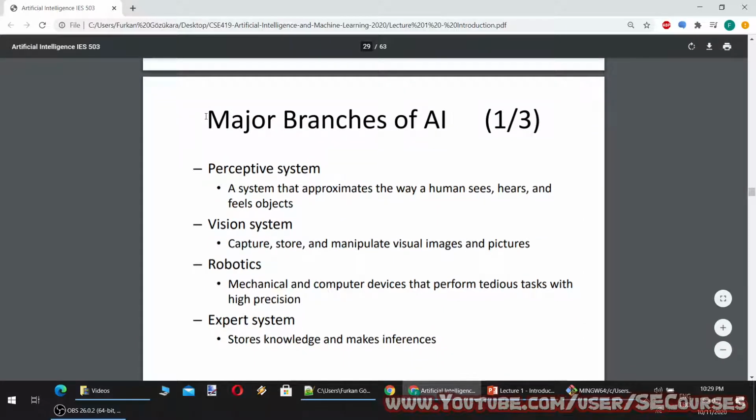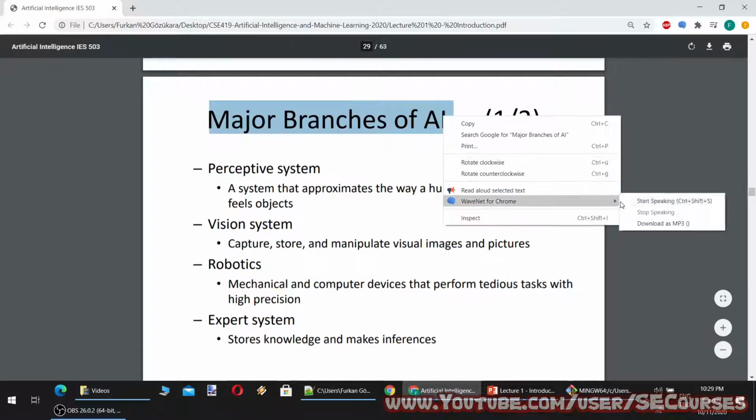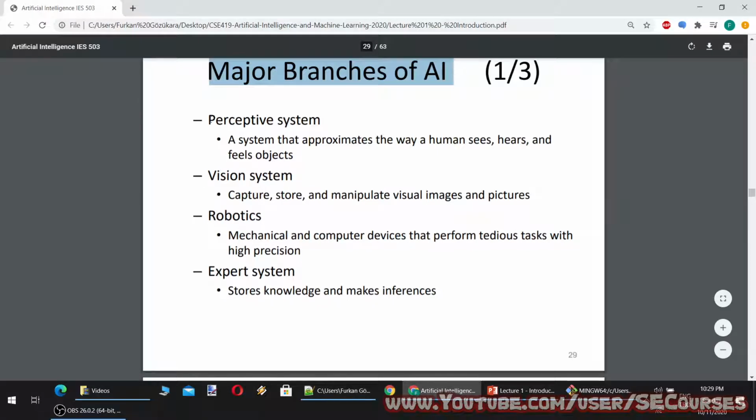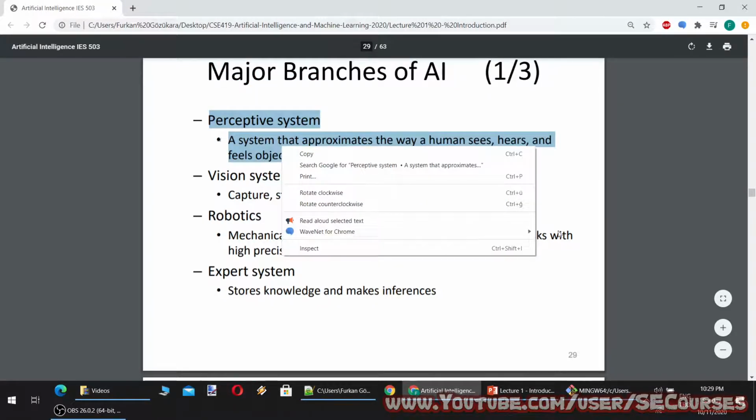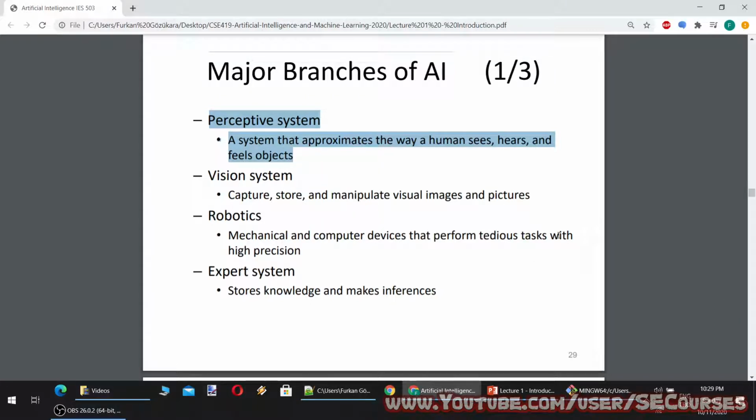Okay, major branches of AI. Perceptive systems, perception. A perceptive system approximates the way a human sees, hears, and feels objects. This is an extremely hard and extremely important task.